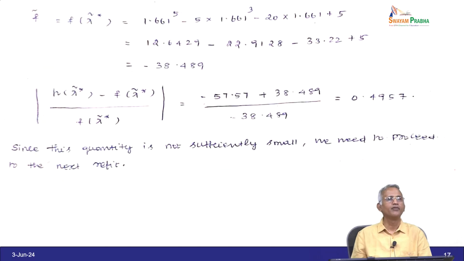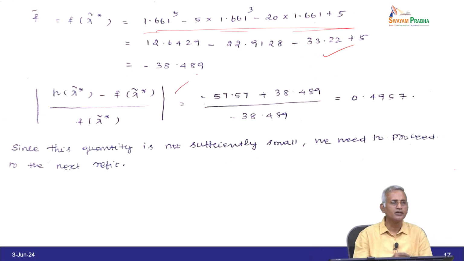So, F tilde equal to F of lambda star tilde is equal to the given equation, you substitute it. So, 1.661 to the power 5 minus 5 into 1.661 cube minus 20 into 1.661 plus 5, and simplify, you get 12.6429 minus 22.9128 minus 33.22 plus 5, equal to minus 38.489.